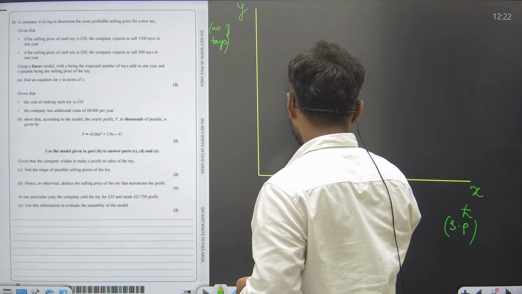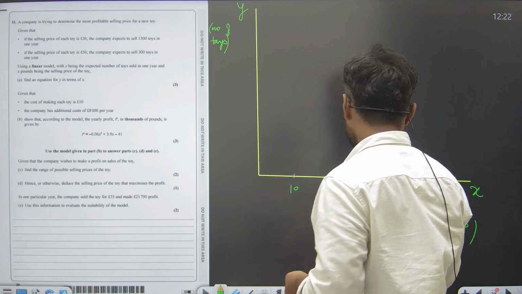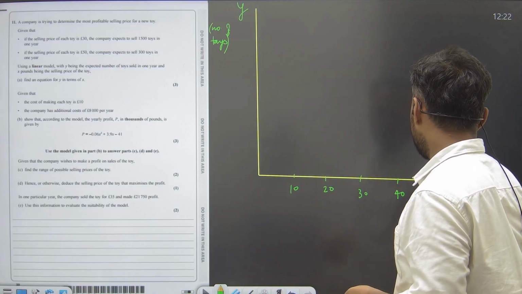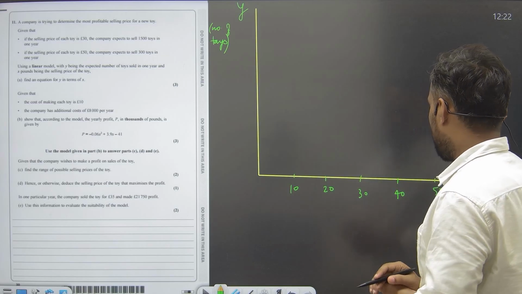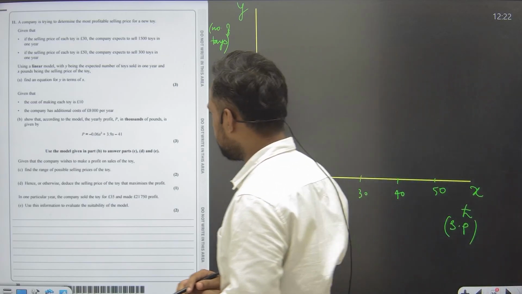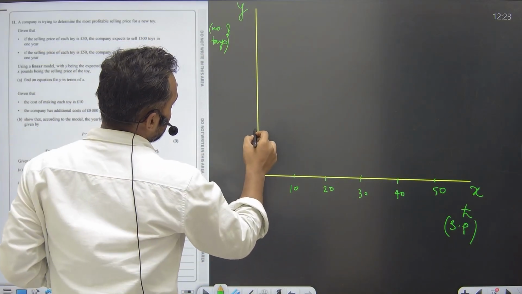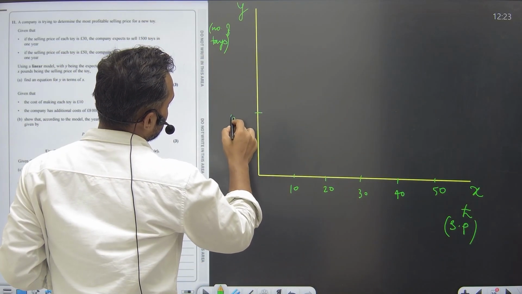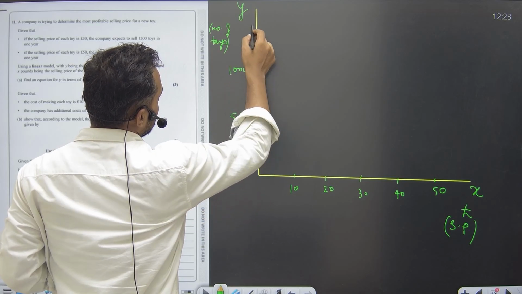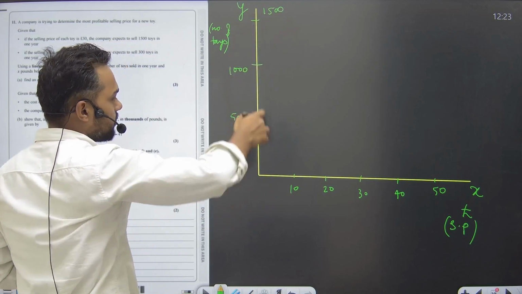Now, according to the given statement, students, the selling price of each toy is 30. So let's suppose this is our 10, this is our 20, this is our 30, this is our 40, this is our 50. We are taking the gap of 10 pounds here on the x-axis, and for the y-axis, let's say this is our 500, this is our 1000, and this is our 1500 number of toys on the y-axis.